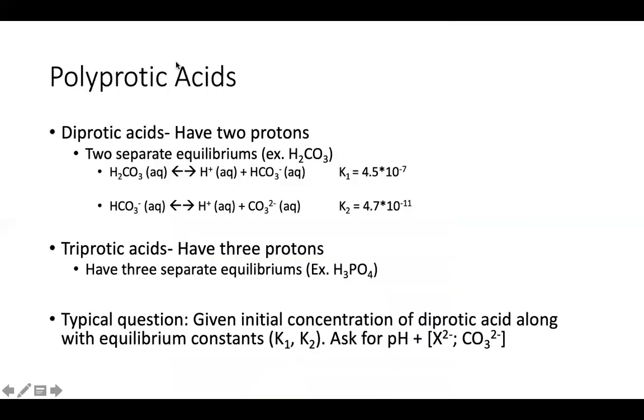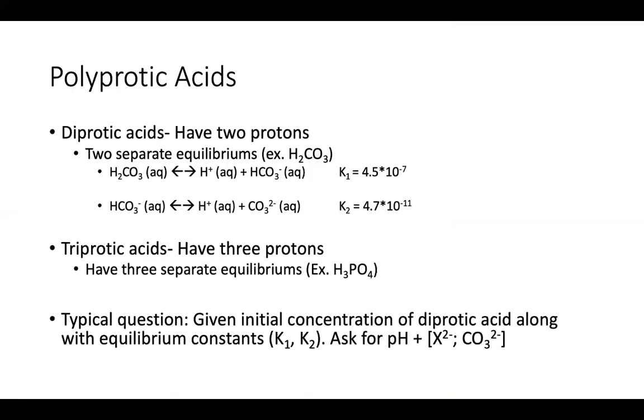Okay, moving on to the second topic for this evening, it's polyprotic acids. So again, these are acids that have multiple protons. The most common type of polyprotic acid we'll look at is diprotic acids, the prefix di meaning two.